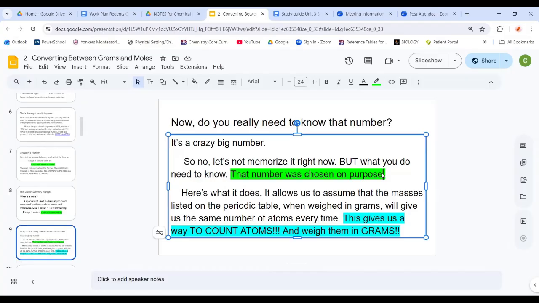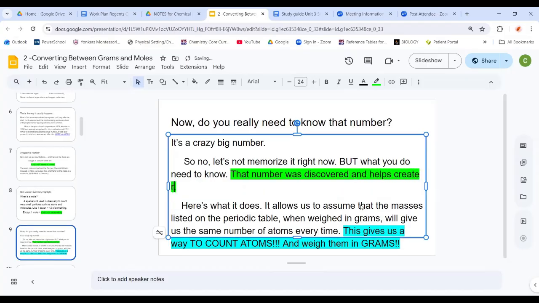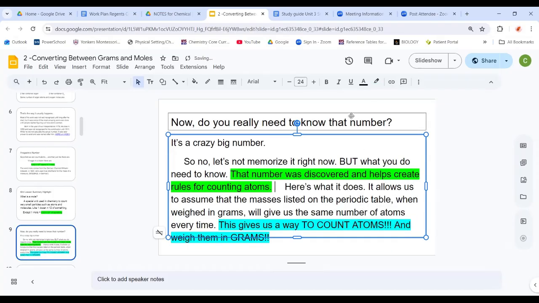But to be honest, we're not really creating it, we discovered it. I think that might be a better way to phrase it. I might need to come back and think about it some more.